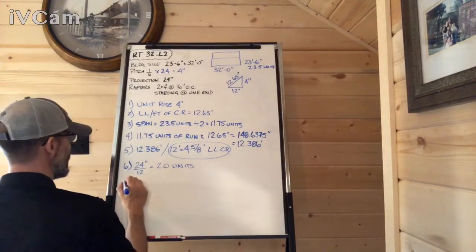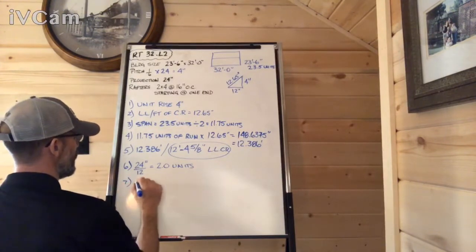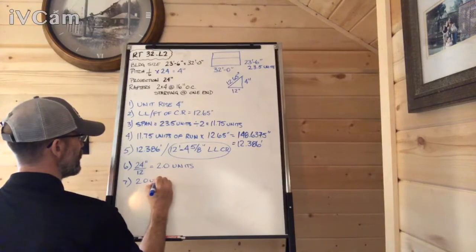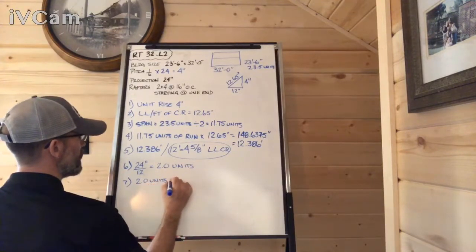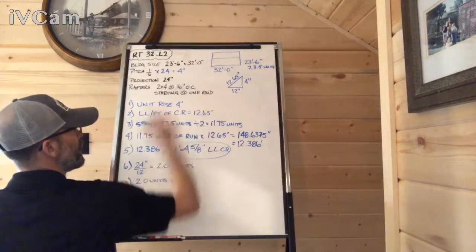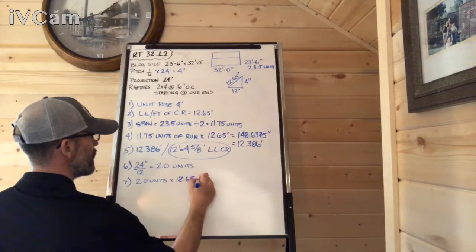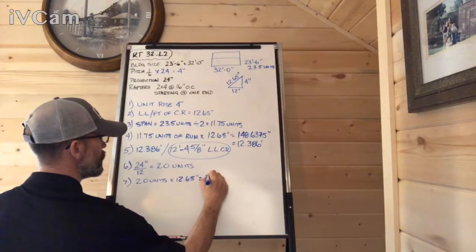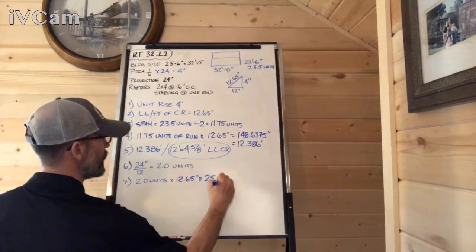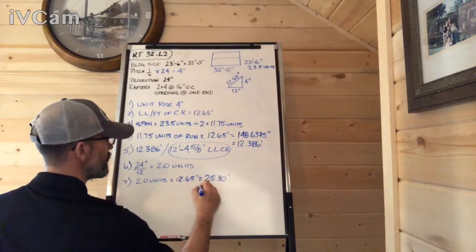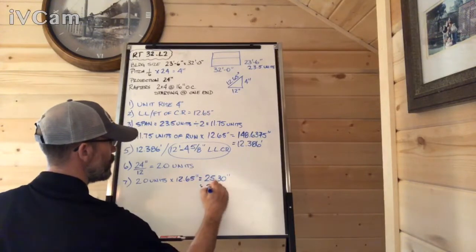So what is the length of my overhang? I now have 2.0 units times line length per unit, 12.65 inches, equals 25.30 inches.